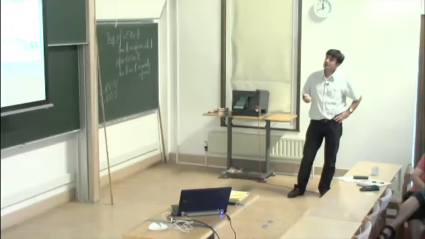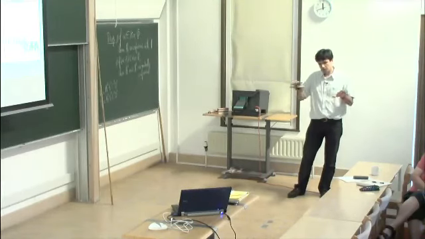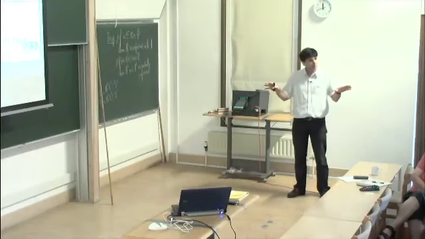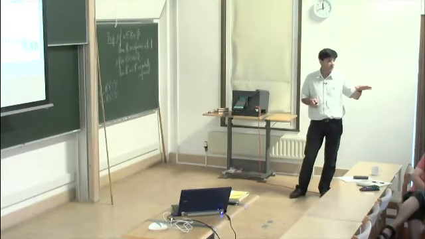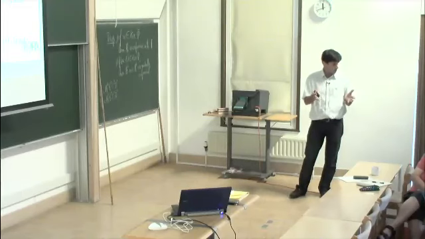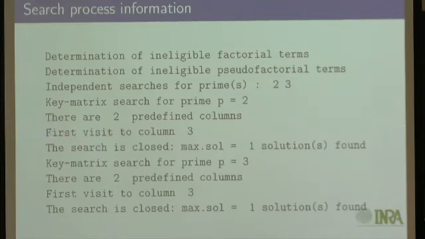So in addition to the decomposition into pseudo-factors, there is also separation of the search in one part which is dedicated to the powers of 2, and one part which is dedicated to the powers of 3.